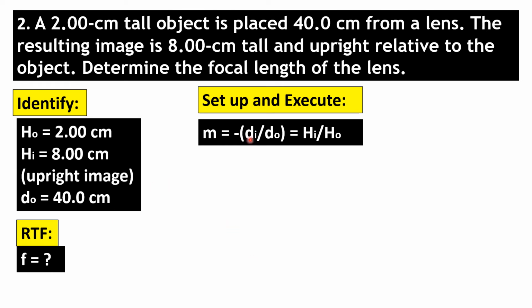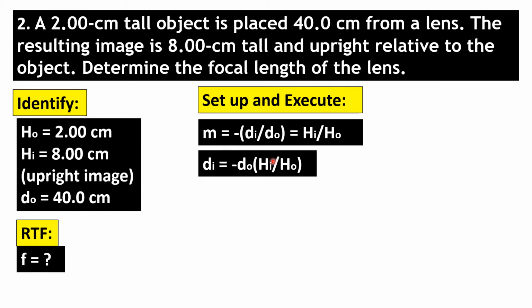M is equal to, originally, the negative of quantity di over do, but that is also equal to the ratio of the image height over the object height. Notice that there is no negative sign for that ratio hi over ho. We can use this since we know the values of ho and hi.